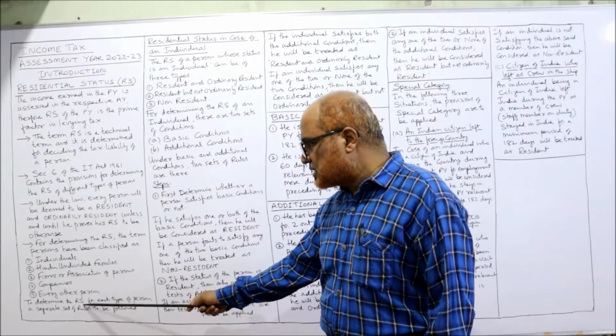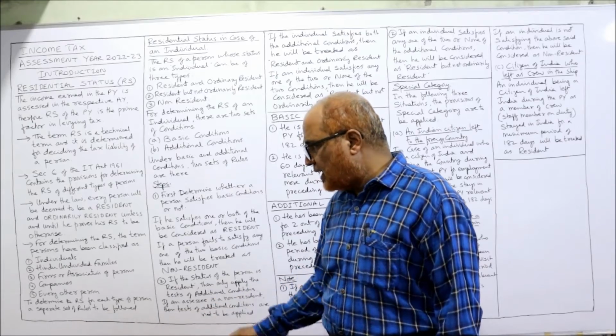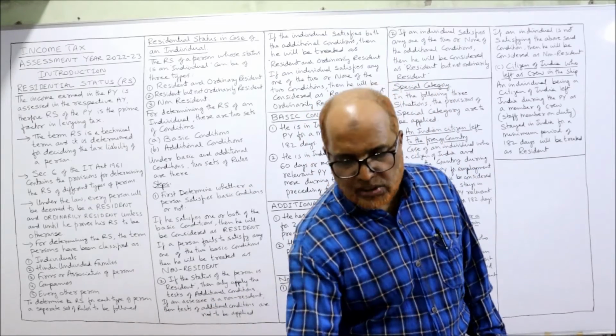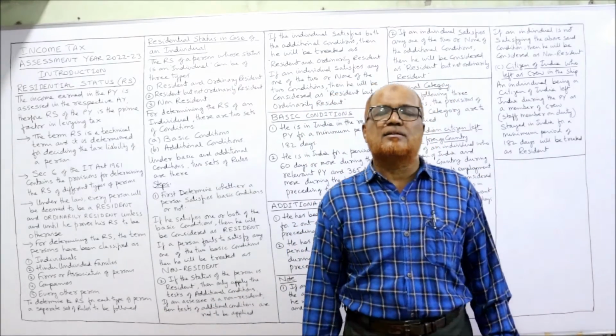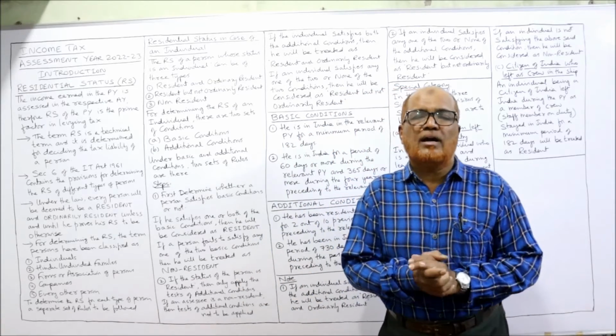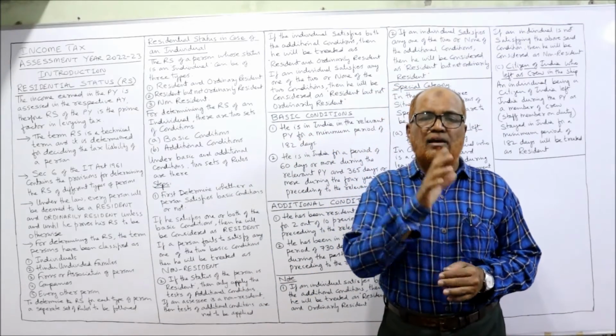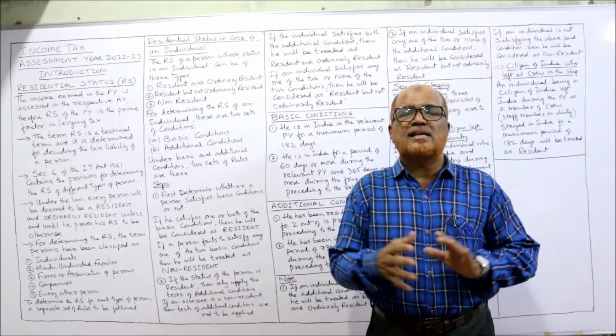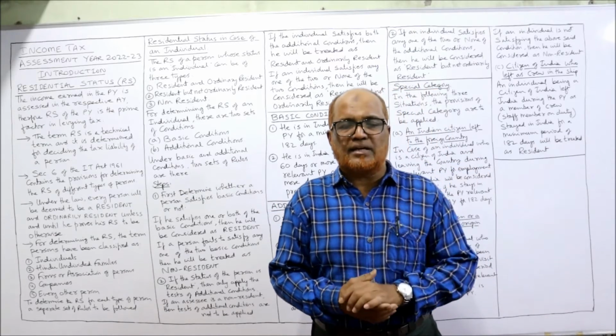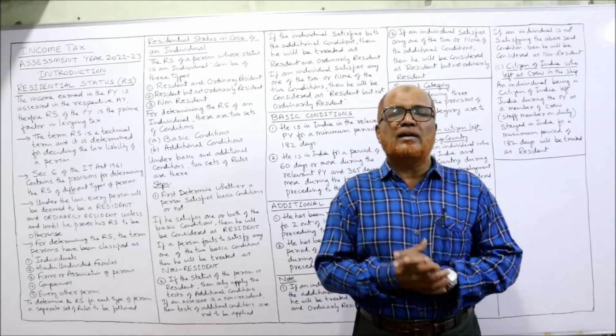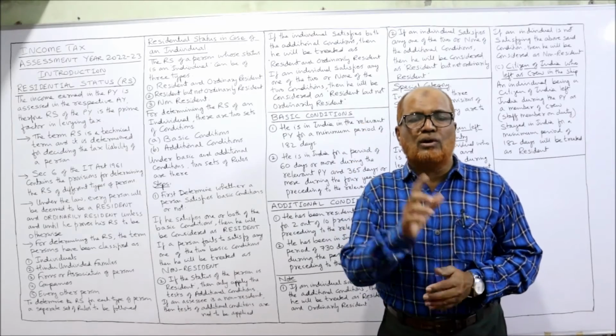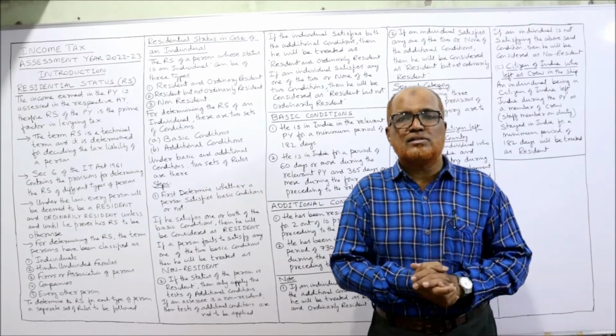Now to determine the residential status for each type of person, a separate set of rules are given by the Income Tax Act. So how to determine the residential status of an individual? A complete set of rules are given by the Income Tax Act. Similarly, how to find out the residential status of HUF? Again, different provisions are given.